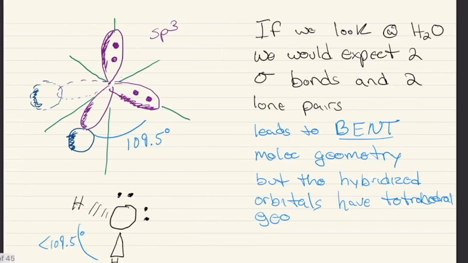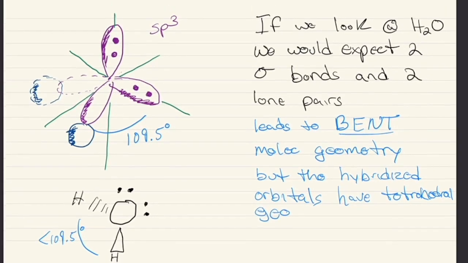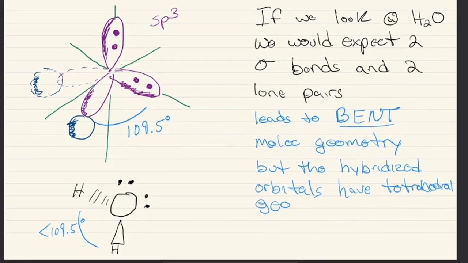So for purposes of drawing this and being very clear, we should recognize that the head-on sigma bonds are existing where the hydrogen overlaps the sp3 hybridized orbitals of oxygen, and those are the single bonds that we're familiar with.